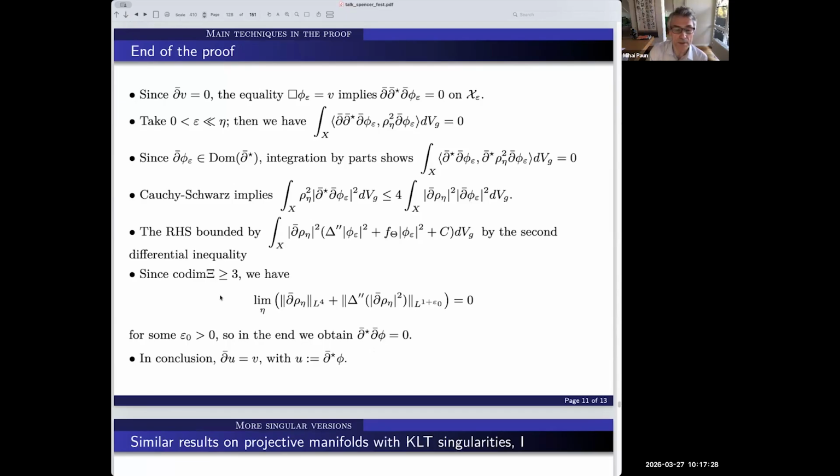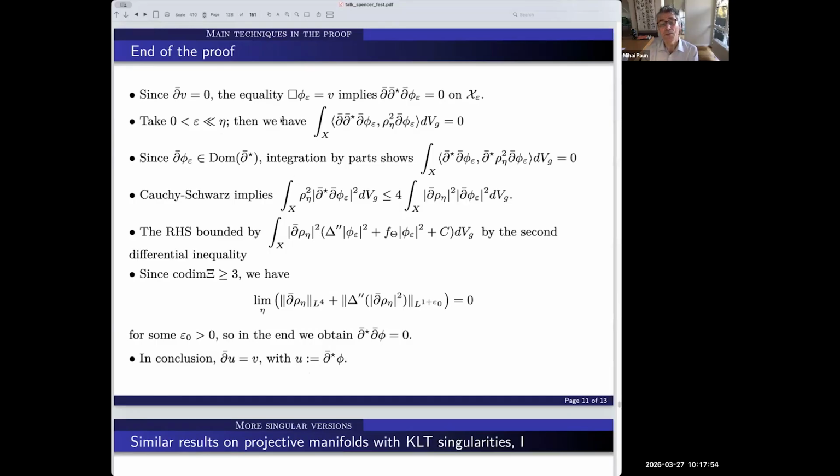All right, so in conclusion, we solved our equation here, because we simply take u as the dbar star of phi, and on top of it we have a handsome estimate for the norm of the u square, as I mentioned in the paper at the beginning.